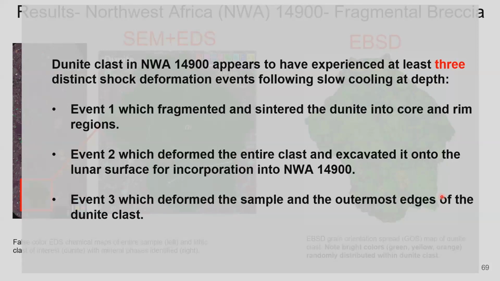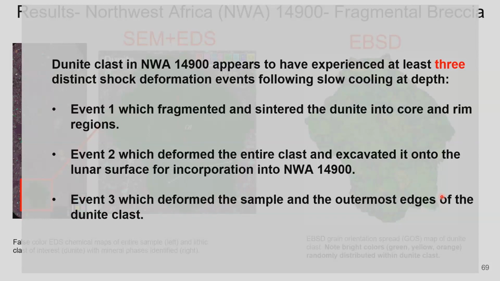Then the second event deformed the entire clast uniformly because we have green everywhere, not just isolated in the core or the rim. And then you had to have excavated it on the lunar surface, incorporated it into the lunar meteorite with all the other clasts. And then you had to have had a final deformation event, which deformed just the outermost edges of the clast.